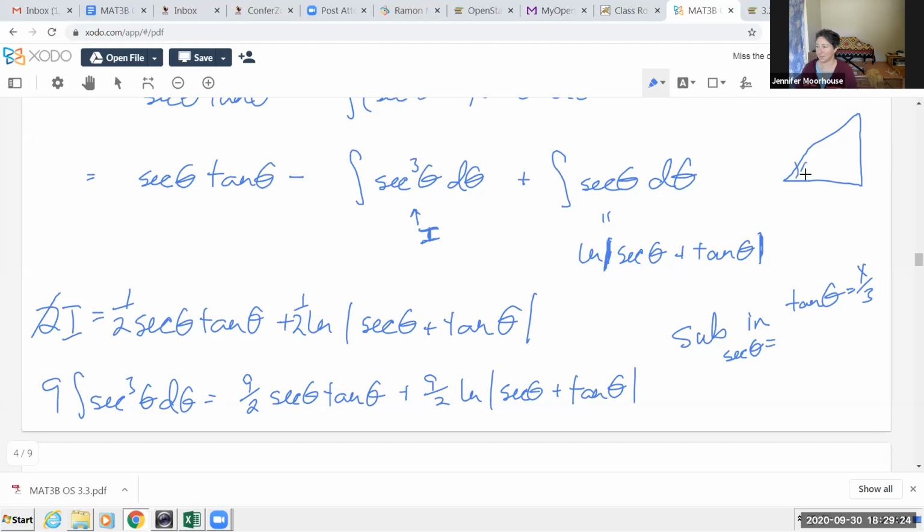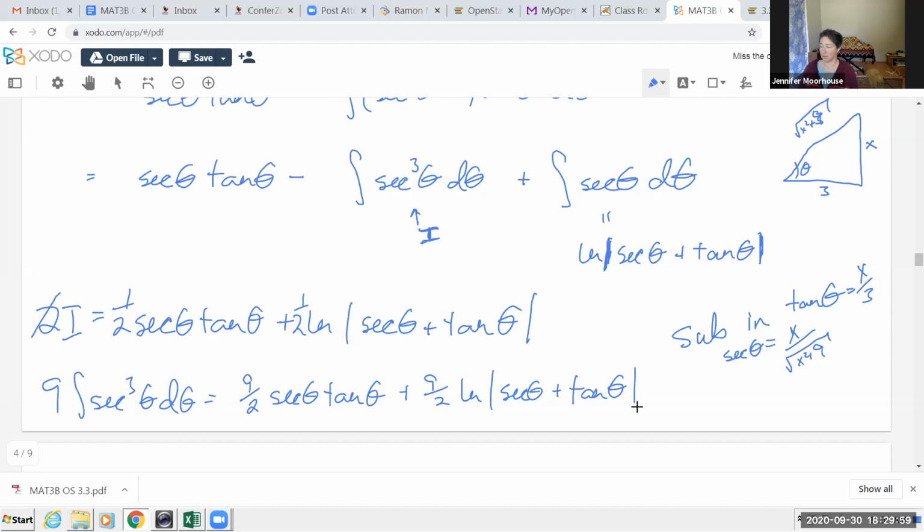If this is our angle and tangent is x over 3, tangent is opposite over adjacent, so this would have to be x, that would have to be 3. So then the hypotenuse would be the square root of x squared plus 3 squared, or x squared plus 9. And secant is hypotenuse over adjacent, so that would be the square root of x squared plus 9 over 3.